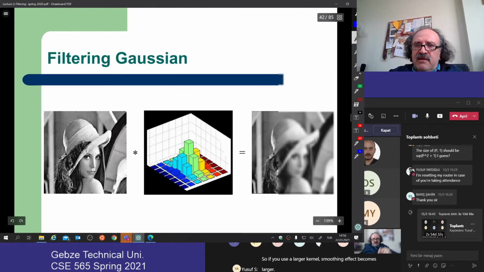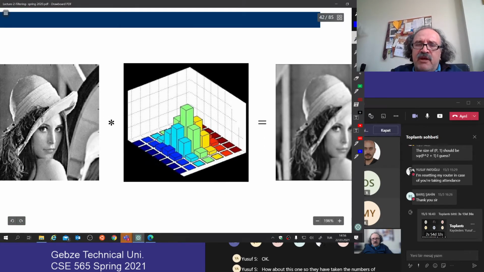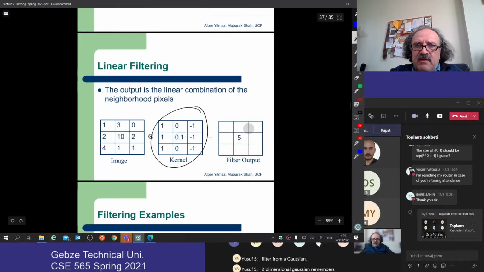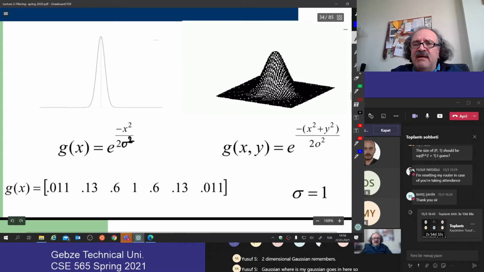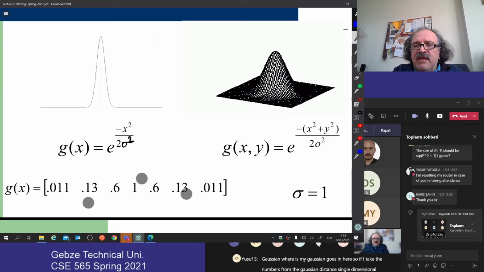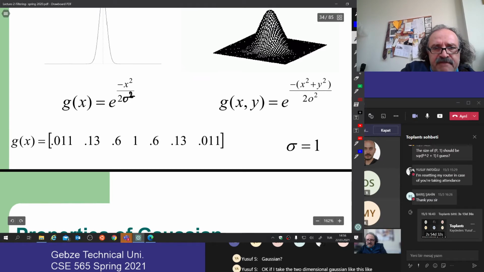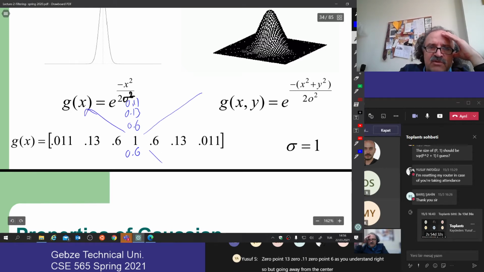Okay? How about this one? They have taken the numbers of this filter from a two-dimensional Gaussian. Remember? Where is my Gaussian? Gaussian is here. This is a single-dimensional Gaussian. If I take the two-dimensional Gaussian, like this, with values like 0.6, 0.13, and 0.11, by going away from the center, it's going to drop.